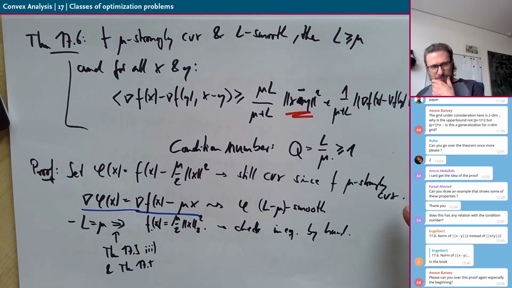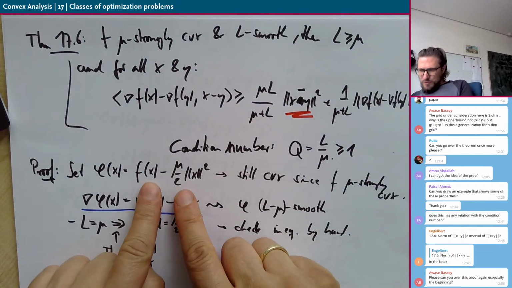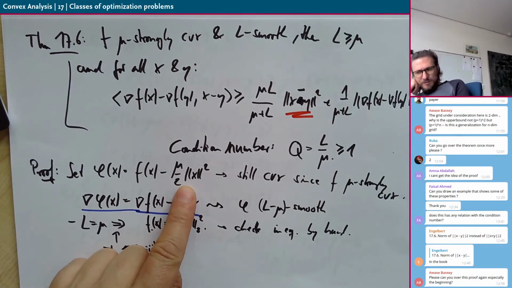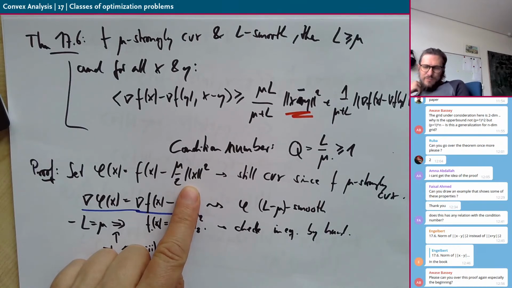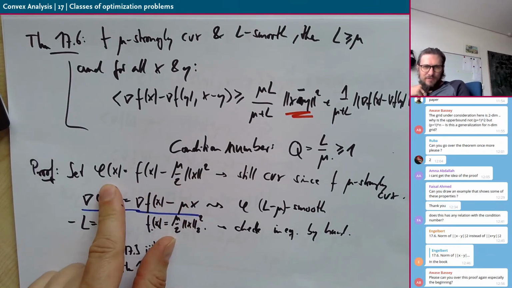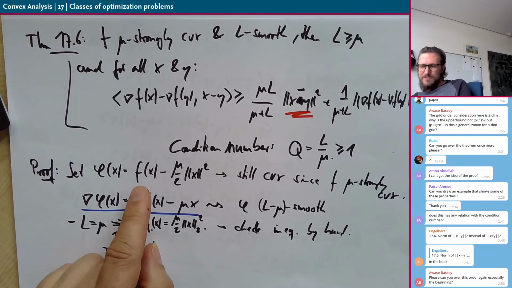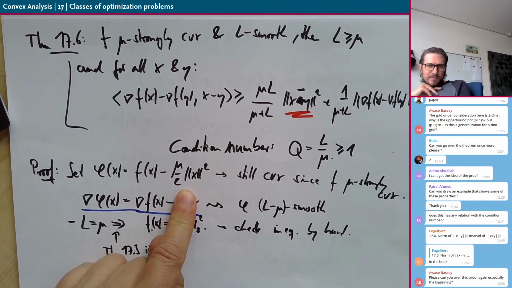So the idea of the proof is to use the fact that it's mu strongly convex to subtract mu over 2 times norm of x squared from f and still get a convex function. That's one of the basic properties of strong convexity. That's one of the definitions you can use. If you subtract mu over 2 times norm of x squared and it's still convex, then it's mu strongly convex.